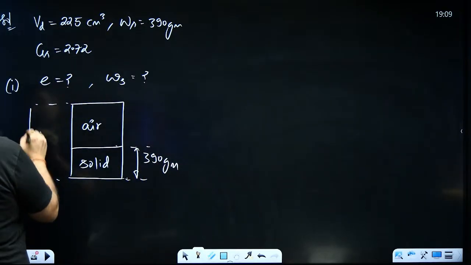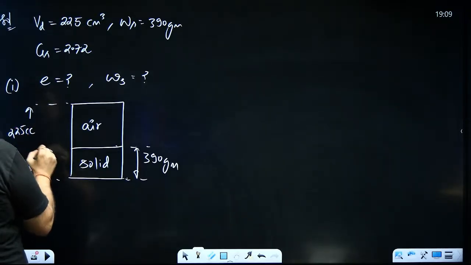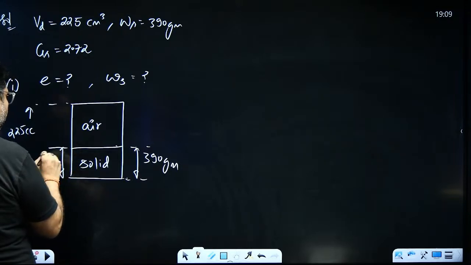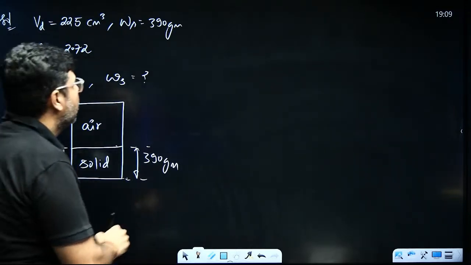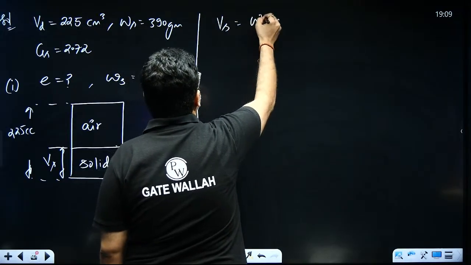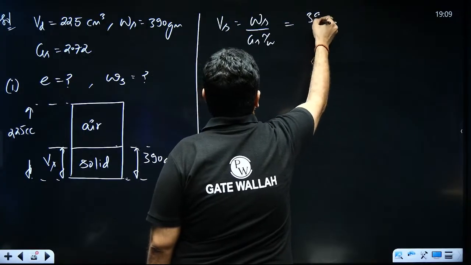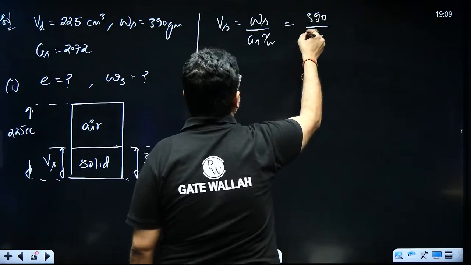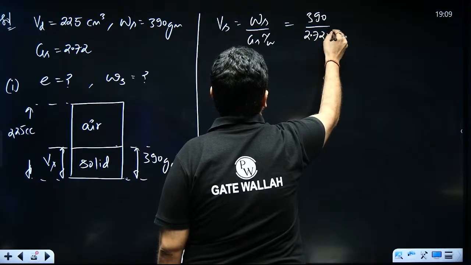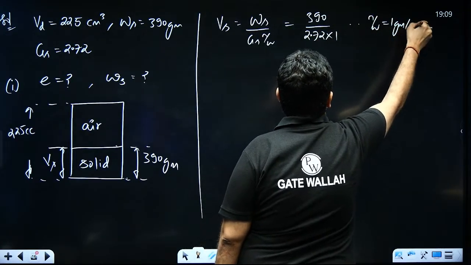Total volume VD is given to me, that is 225 cc. This is my volume of solids. Vs is Ws upon Gs gamma W, as simple as that. 390 upon 2.72 into 1. Gamma W is 1 gram per cc.